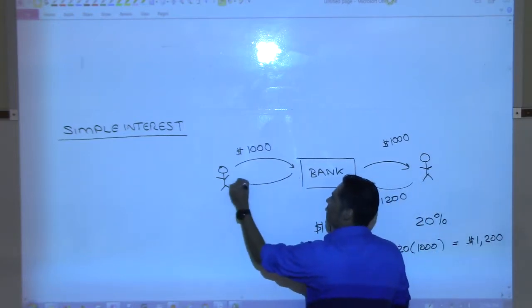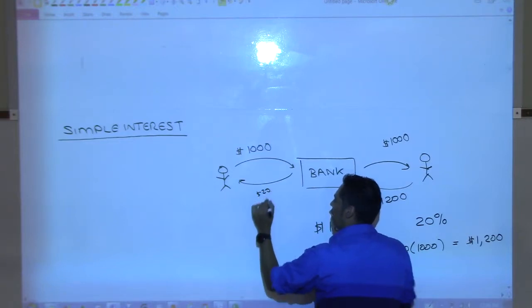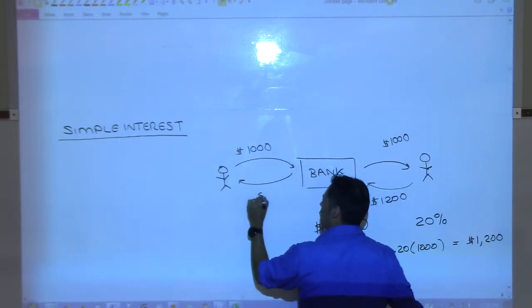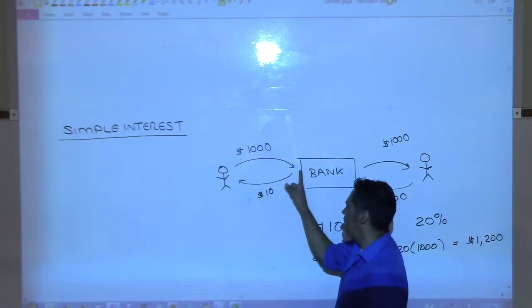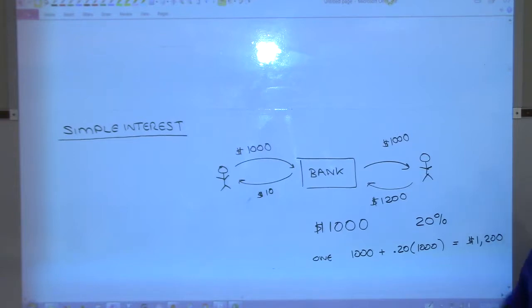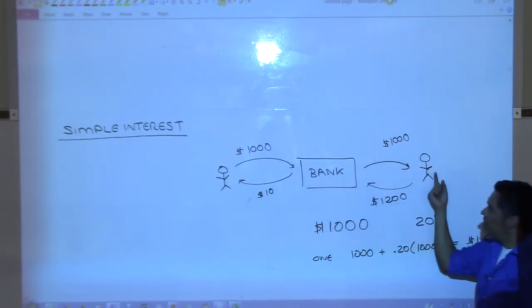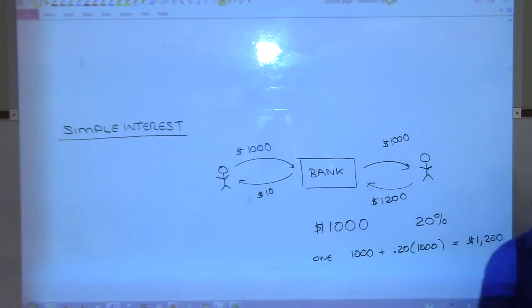So maybe you'll make like, I don't know, $2 off of that or something. Let's just say $10, all right? Let's say somehow over your $1,000 that you're letting them borrow, you're going to make $10 off of it. So the bank takes your $1,000, loans it to this guy, they pay back 200, they give you 10, and they make 190. That's the way a bank works, okay?